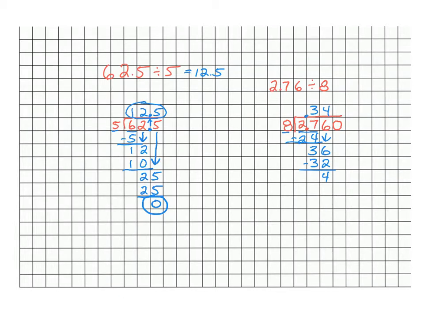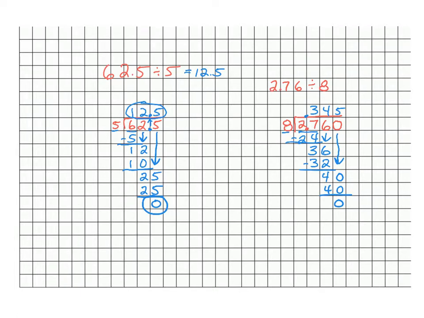2.76 is exactly the same amount as 2.760. So I added a 0 after the 6, and now I'm going to bring that 0 down, and now I have 40. How many sets of 8 are there in 40? Well, there are 5. 8 times 5 gives me 40, and I have a remainder of 0.